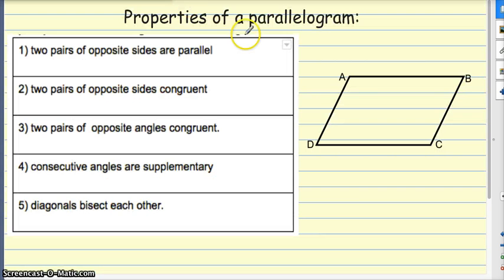Properties of parallelograms. You have in your notes, let me turn to my page, a shape off to the side just like I do. I'm going to add some markings and also some annotations under here. So there are several properties. The first one is two pairs of opposite sides are parallel, and this is actually from the definition of a parallelogram.